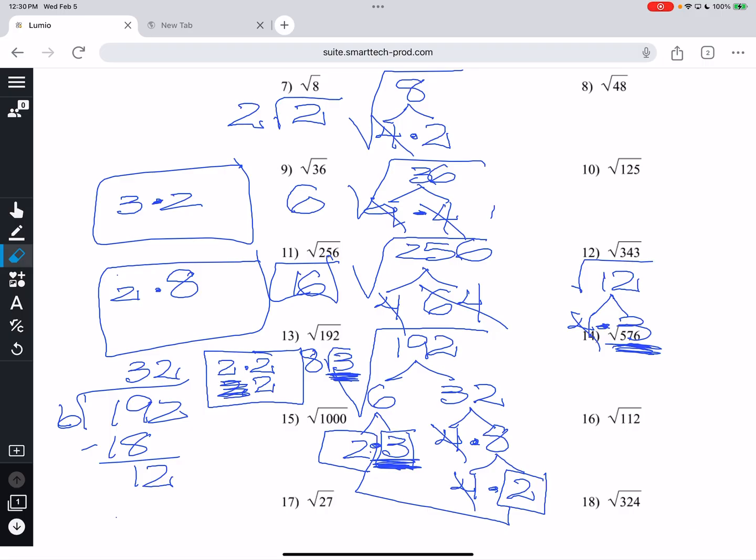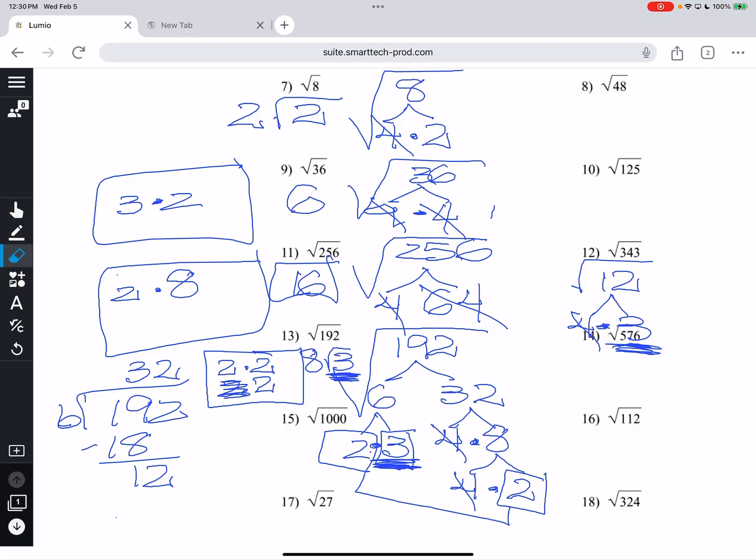The way the 8 was created to be on the outside was you had a 2 that was removed, another 2, and another 2. But they're outside now. You don't break them down once they leave the radical. They are just combined. You multiply everything that's in the box. 2 times 2 is 4 times 2 is 8. And when it's outside the radical, it is just that pure number. You're not trying to break it down any further.